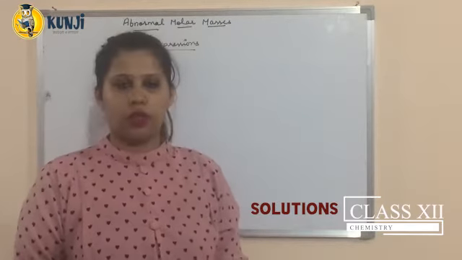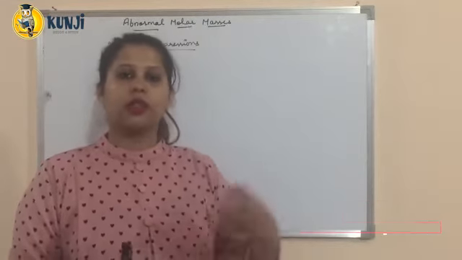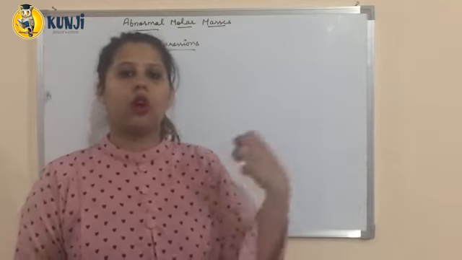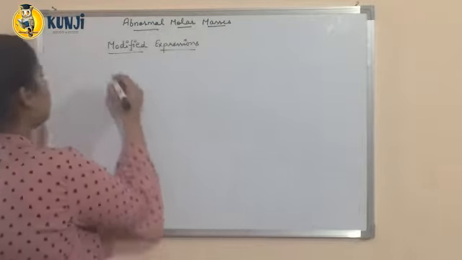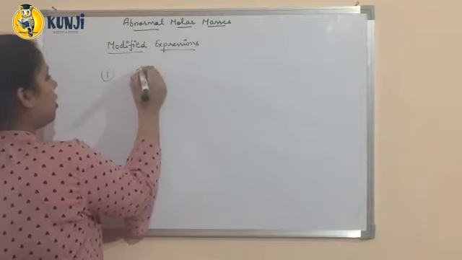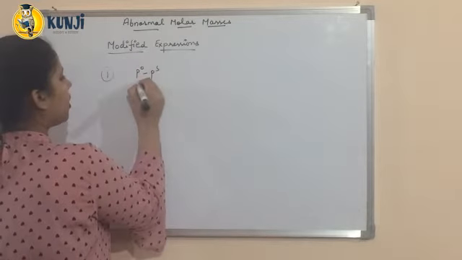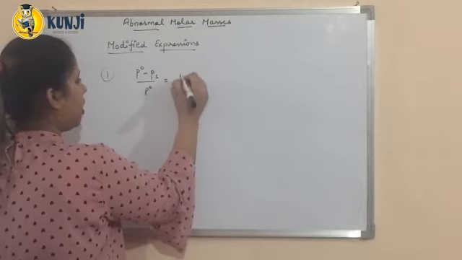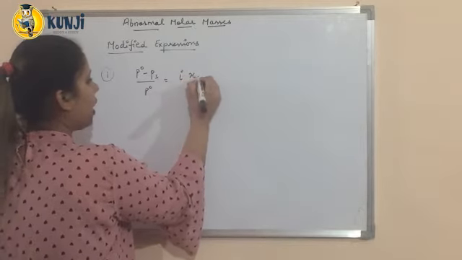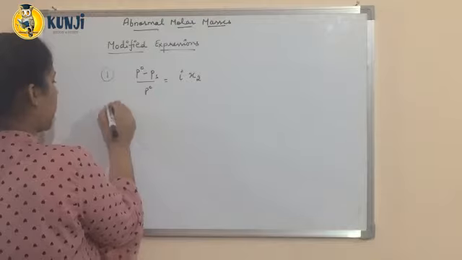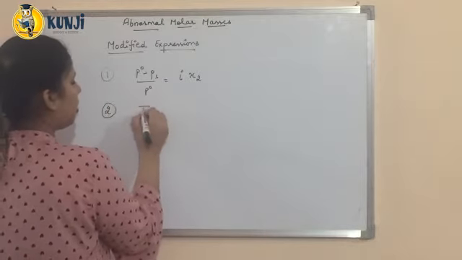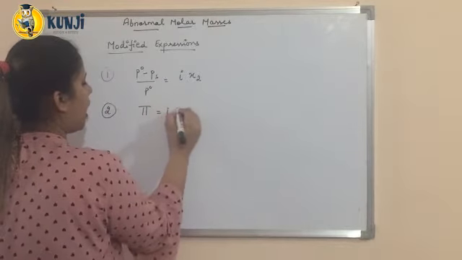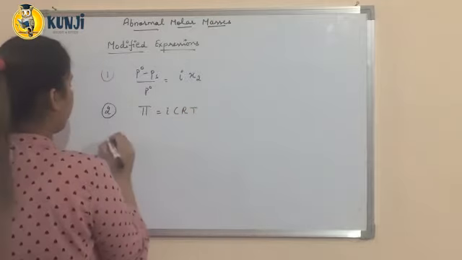The modified expressions of the colligative properties for substances undergoing association or dissociation are: number 1, relative lowering in vapor pressure, which can now be written as (P naught minus Ps) upon P naught equals i into X2. Second, osmotic pressure, which can now be written as pi is equal to i into CRT.